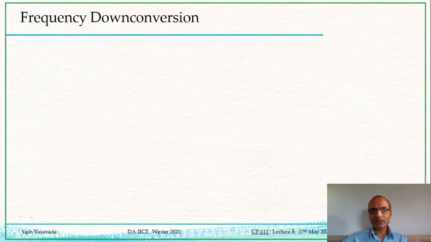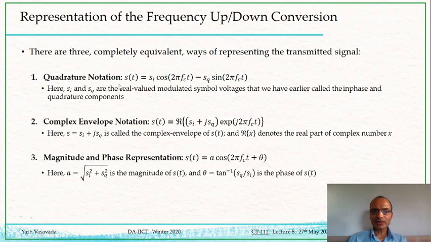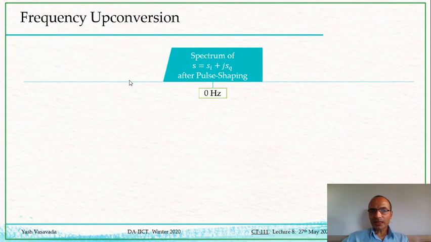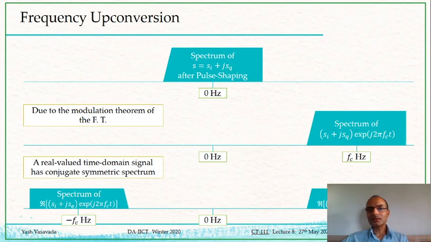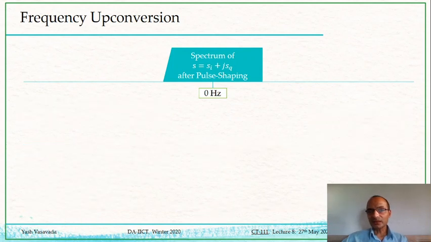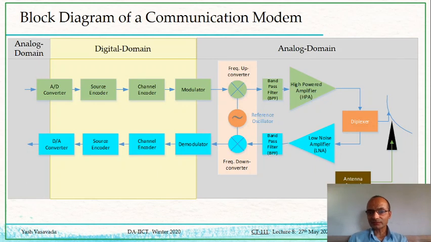So now the question is how to recover Si and Sq from this S of t. So for that, what we are going to assume is that the receiver has generated this cosine of 2 pi f ct and sine of 2 pi f ct using its own oscillator.